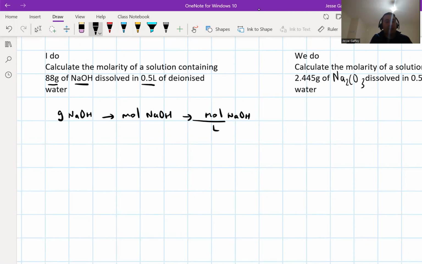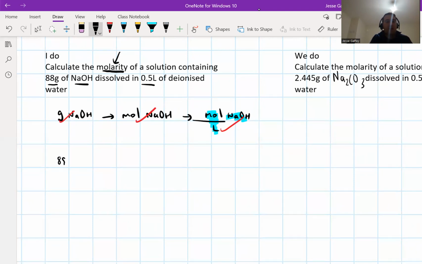Okay, so again, I'm thinking about what I have to do. I need my final answer to be molarity, moles over liters. That's what I want my final answer to be in, so that's good. Okay, before that though, I'm starting with grams. I've got to convert to moles and then put the moles over the liters. All right, so what have I got?